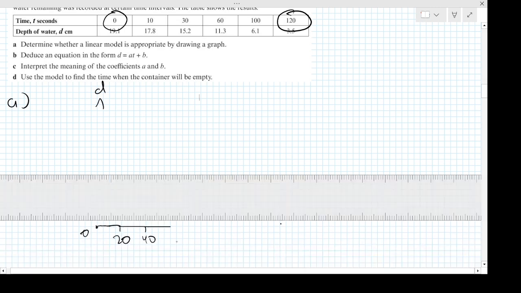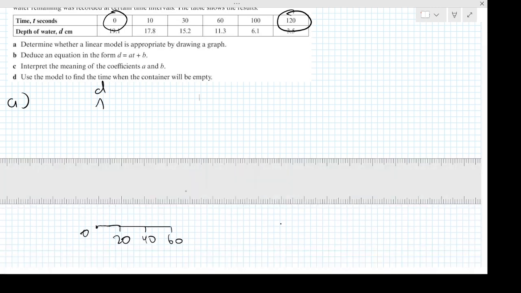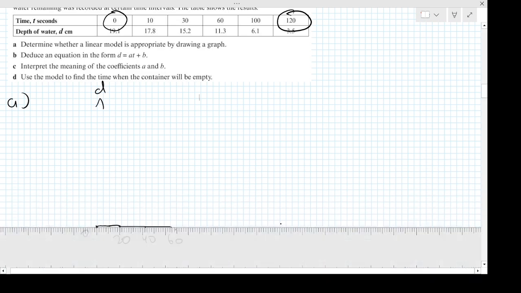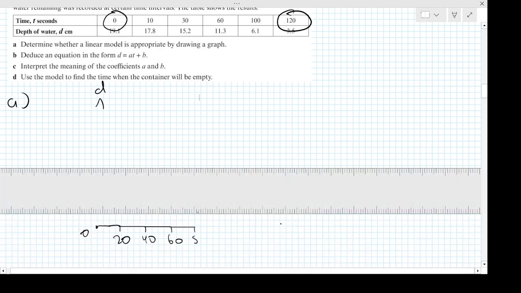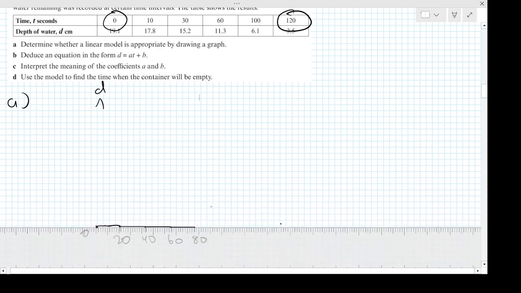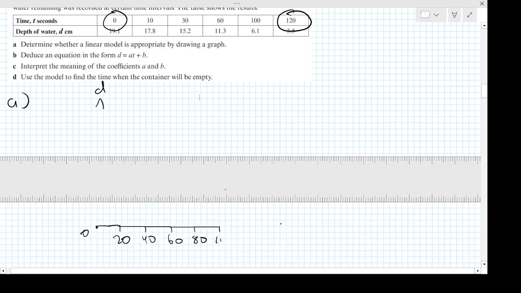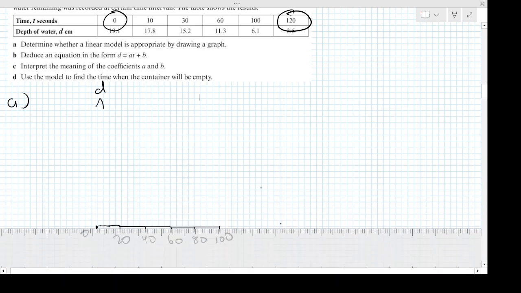Another 2 boxes would give us 60. Then we go up to 80. There we are. Then we can go to 100. So two more boxes would be 90, then 2 more would be 100. Then we go to 110.